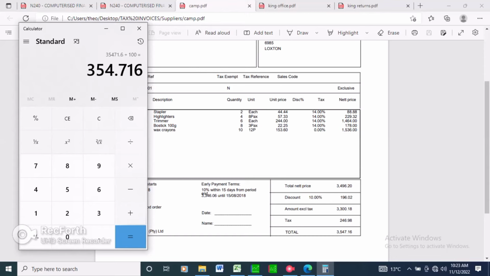So on your system, guys, remember it's 15/07/2018. Tab. We're now processing your suppliers, guys. Select C, and we're looking for Campbell Wholesalers.